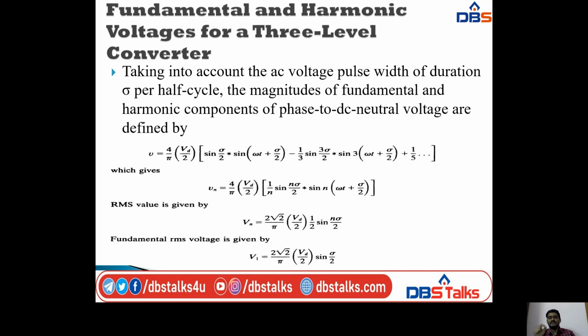For the fundamental RMS voltage, substitute n is equal to 1 in the above equation, so V1 is equal to 2 root 2 by pi into Vd by 2 into 1 by 2 sin sigma by 2. This is the fundamental RMS voltage for a phase to DC neutral voltage.